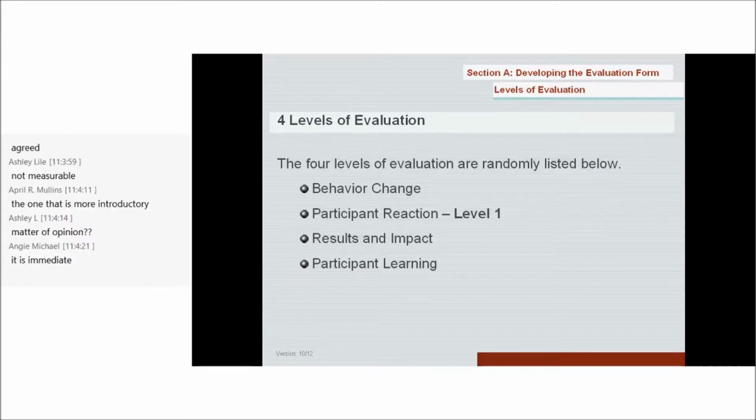True. While you're training, you are reading body language, but when you think about the actual evaluation form, something that you hand somebody to fill out, we say that level 1 is the easiest kind of information to obtain, and I'm wondering if you know why that is. Why is it easy to obtain this kind of participant reaction?